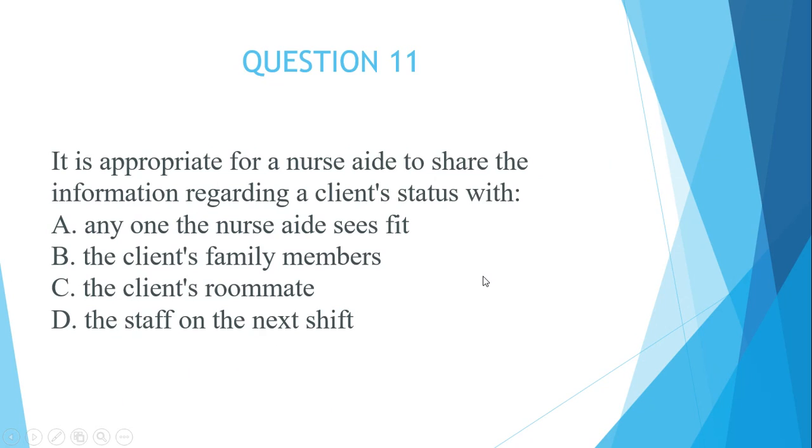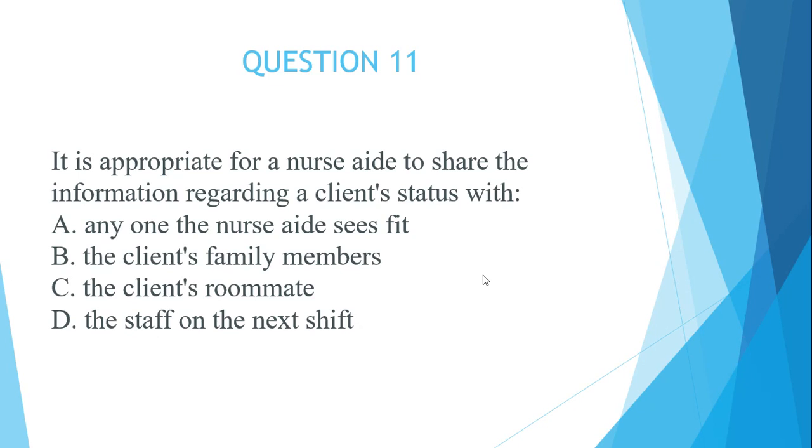It is appropriate for a nurse aide to share the information regarding a resident or client status with anyone the nurse aide deems fit, the client's family members, the client's roommate, or the staff on the next shift. I don't know why anybody should choose A anyway, but if you do that, remember HIPAA.